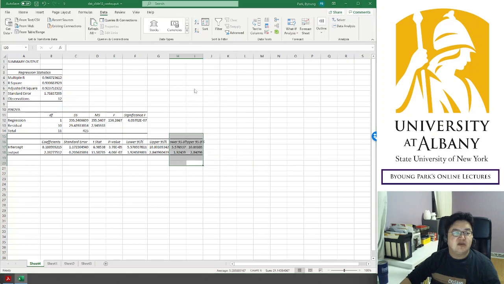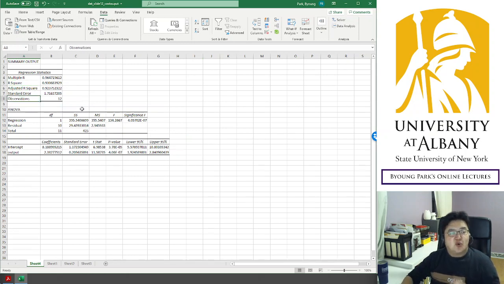And here R square, which is important later, standard error, observations. So these are what we are going to learn throughout this chapter, and this is the basis.